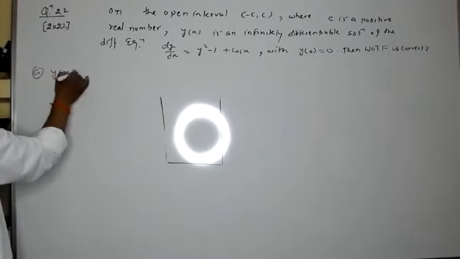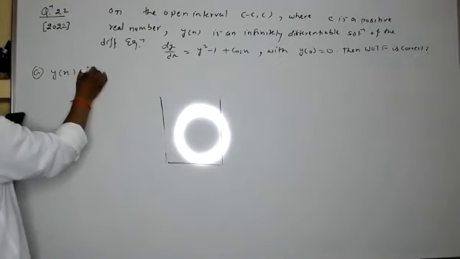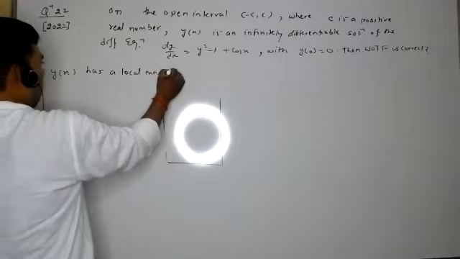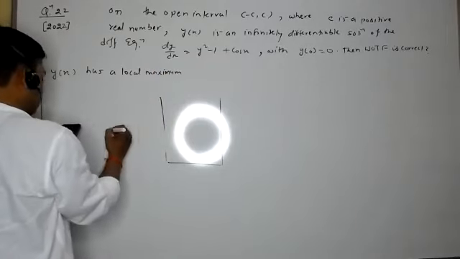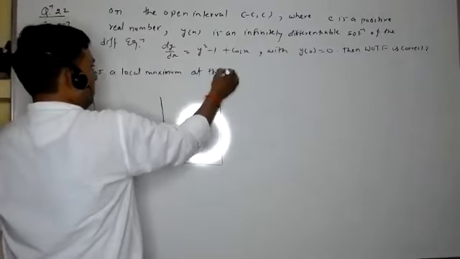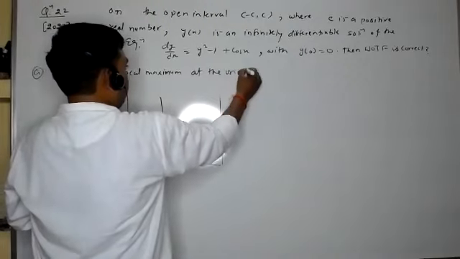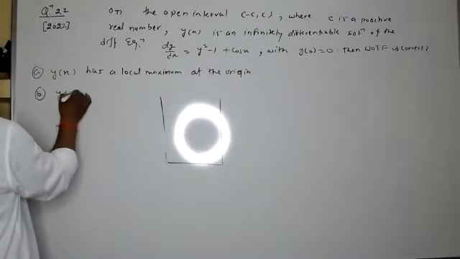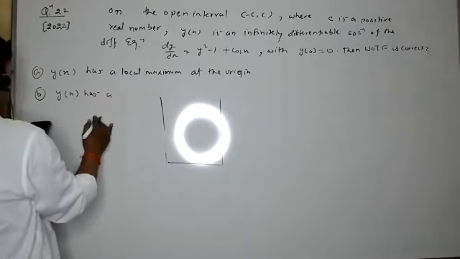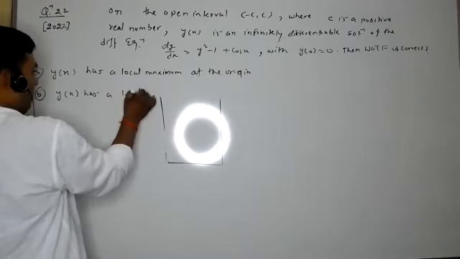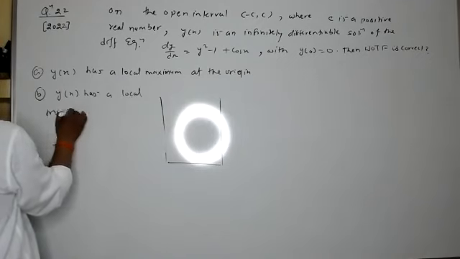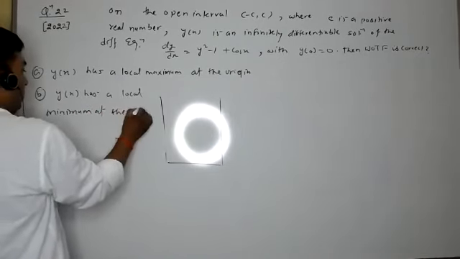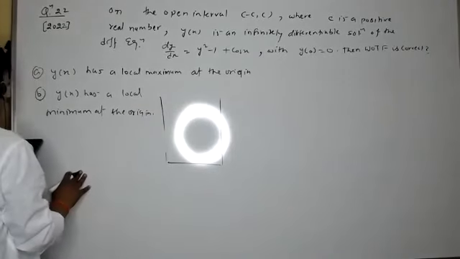Option A, y of x has a local maximum at the origin. Option B, y of x has a local minimum at the origin.